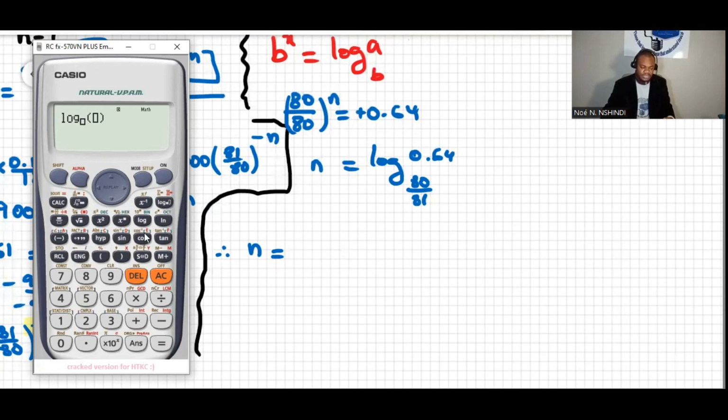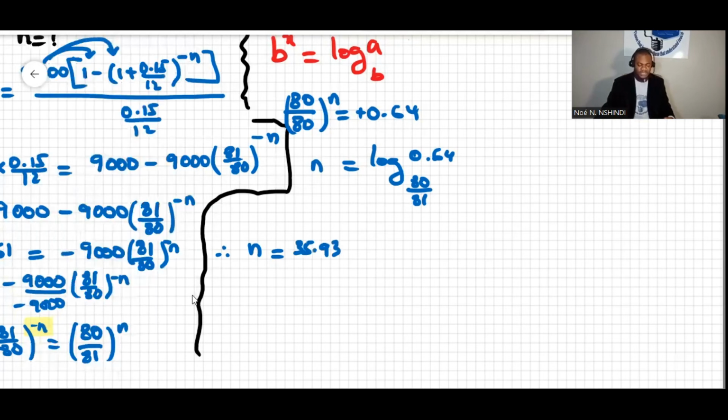So this will be log of 0.64, the base is 80 over 81. Okay, when we hit equal, we have 35.93.